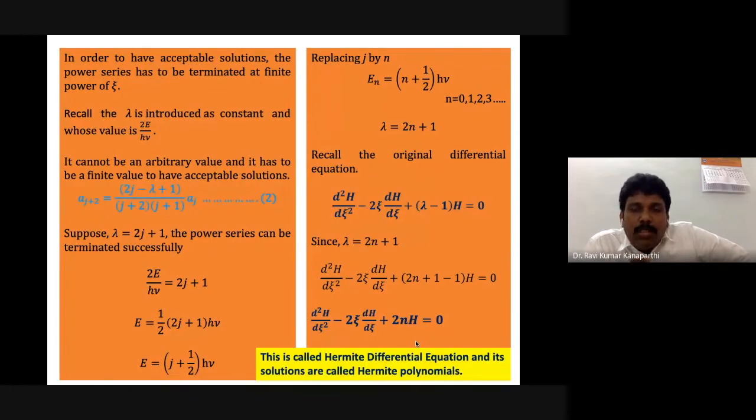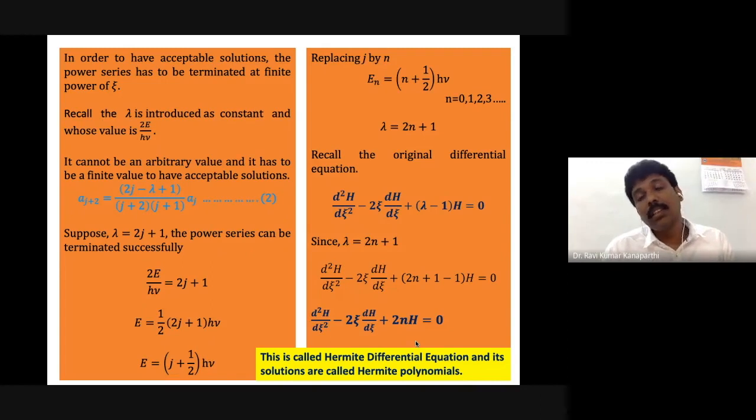In the process, we came across a quantum number n, whose values can vary over 0, 1, 2, 3, 4, and so on. If we are able to solve for this h of z from this differential equation, we can replace it to obtain the total solution. Well, we are not done yet.